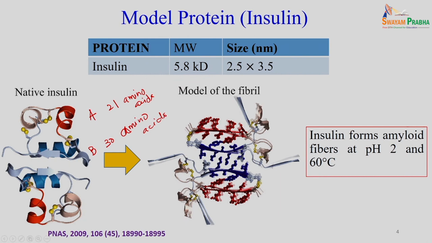These two chains are joined by two disulfide linkages and there is one more intra disulfide bridge within the A chain. So, typically there are two disulfide linkages between the A chain and B chain and one disulfide bridge within the A chain. This is the native insulin, where you can see the alpha helix, random coil, beta turn and beta sheet.